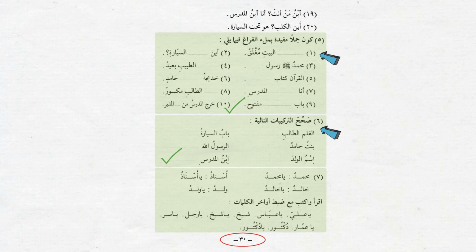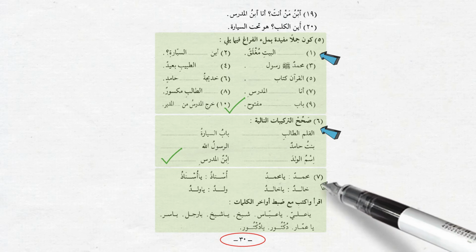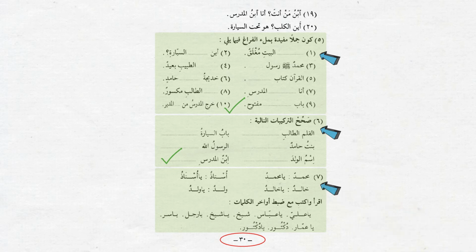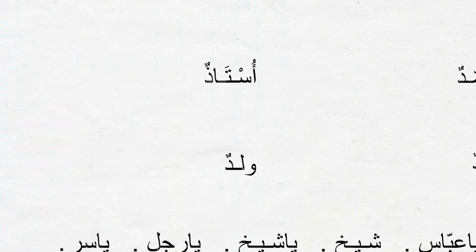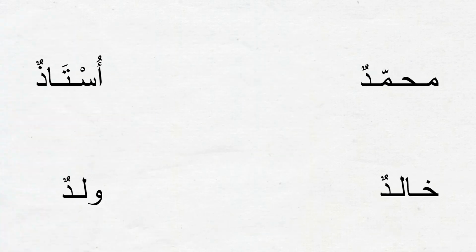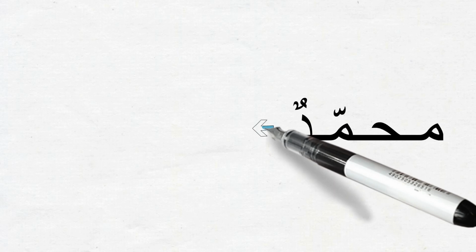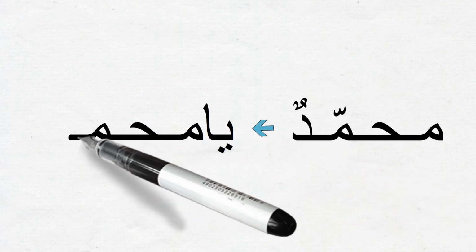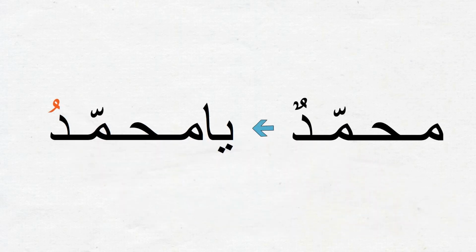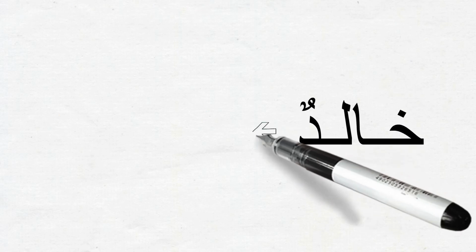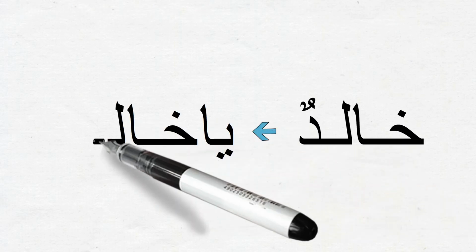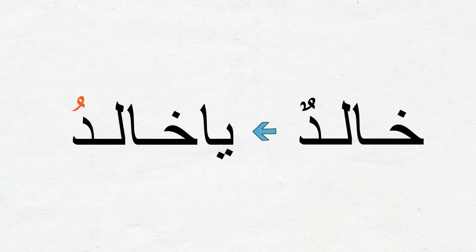This exercise is about the rule of HARFU-NNIDAA. The rule is that the ism following it does not take tanween. Here are a few examples. The ism Muhammadun. When we add harf ya to it, we say ya Muhammadu, not ya Muhammadun. Similarly, when we bring in ya before Khalidun, it becomes ya Khalidu, not ya Khalidun.